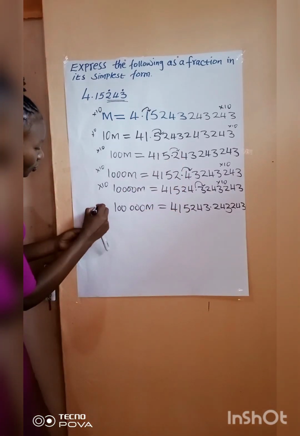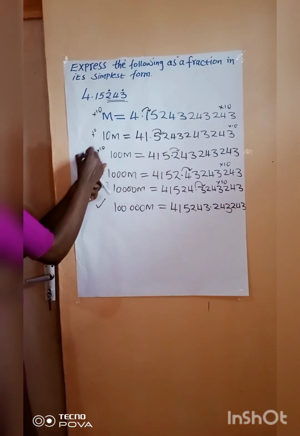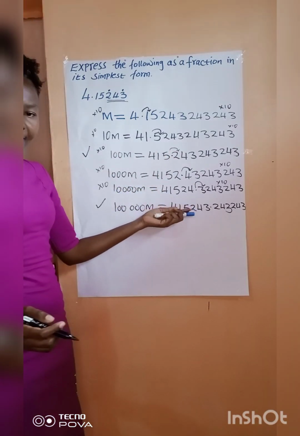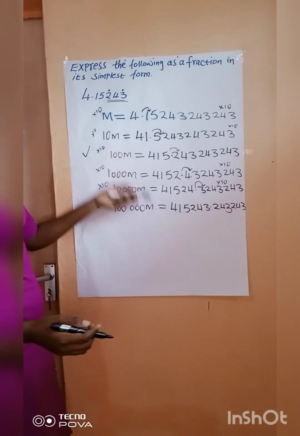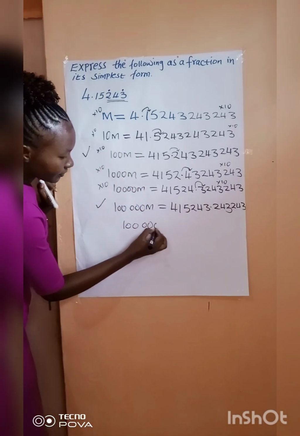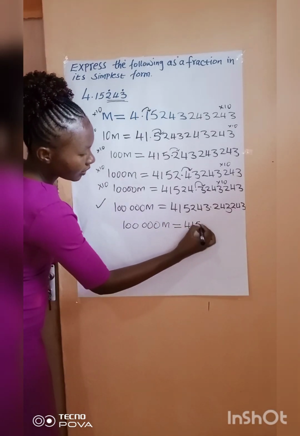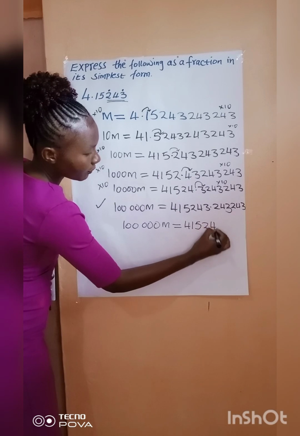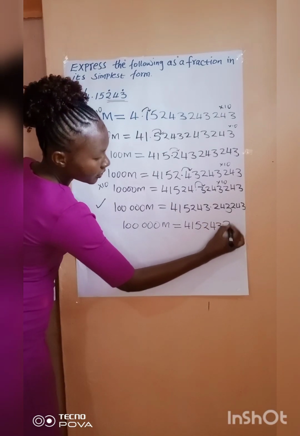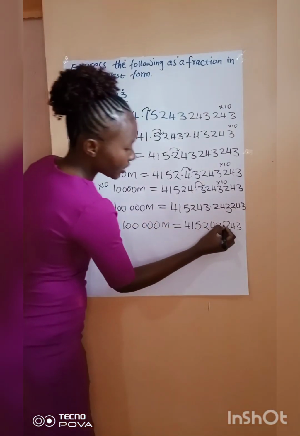So I'm going to use this one, 0.24, this one as 0.24. So I'm going to pick the larger number between these two, which is 100,000m equals, this is 41,524,324.3243. Okay, we can just stop at that.